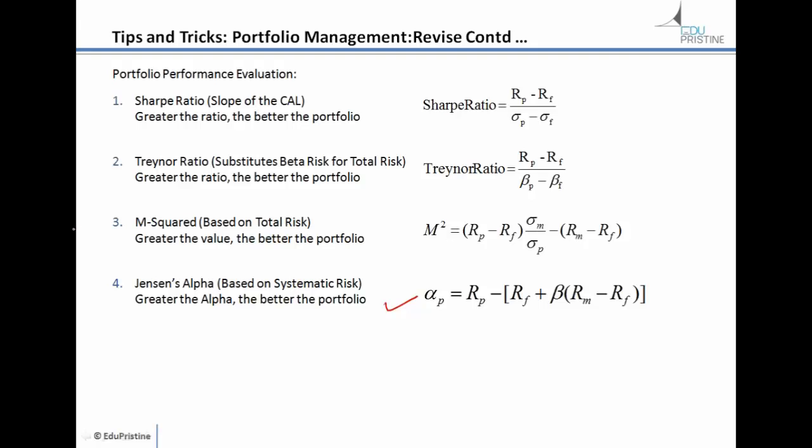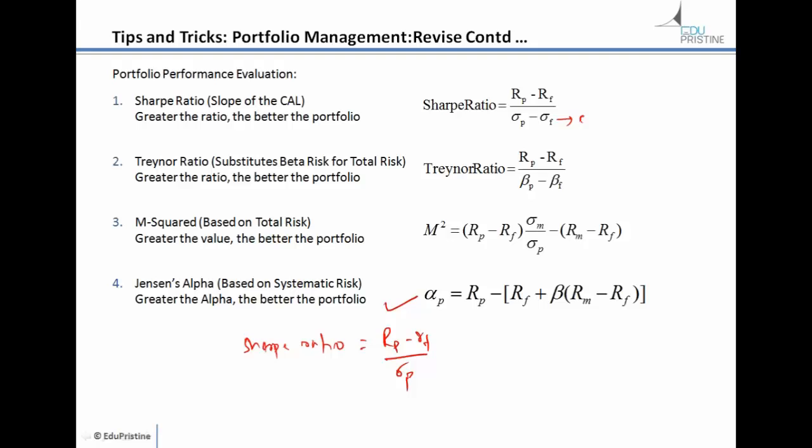Now the Sharpe ratio is nothing but, I would want to rewrite this formula because I think it has not been written correctly. The Sharpe ratio is Rp minus Rf upon sigma p. So this is not required because sigma of f is always equal to 0. For a risk-free asset, I never have any standard deviation.